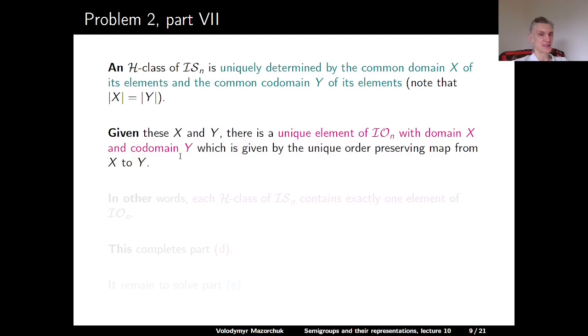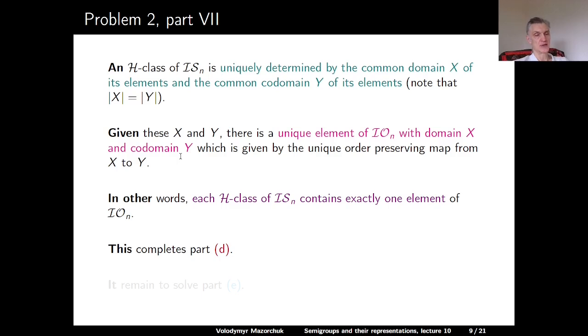So given these X and Y, there is a unique element of ION with domain X and codomain Y, and this is of course given by the unique order-preserving map from X to Y. So in other words, every H-class of ISN contains exactly one element of ION. And this is exactly what was necessary to prove for part B.